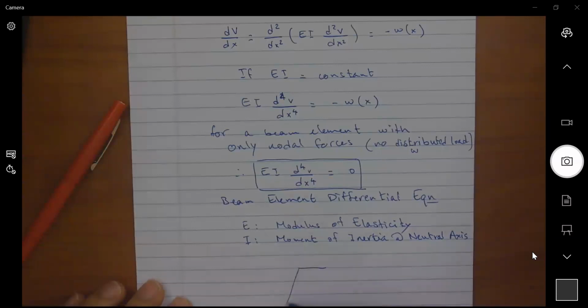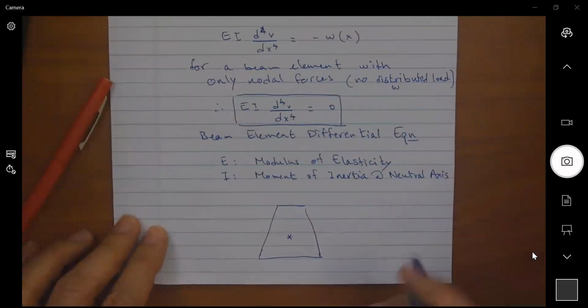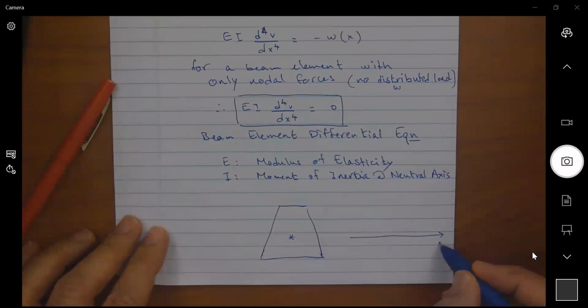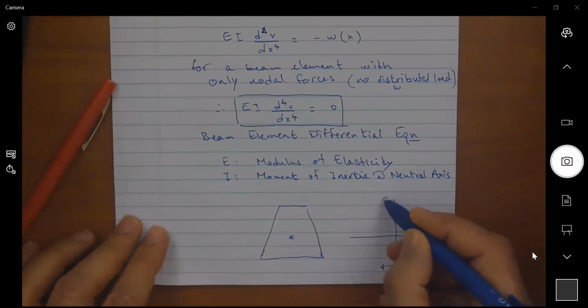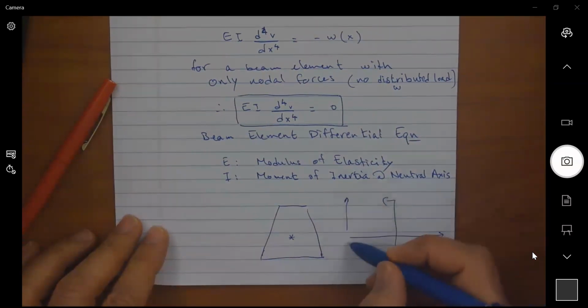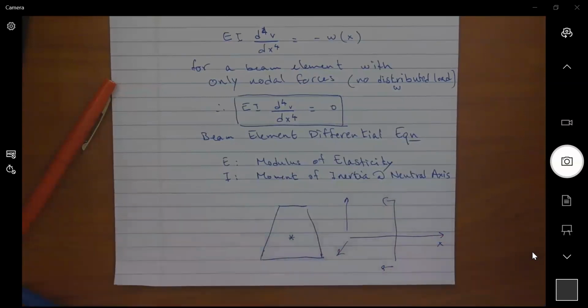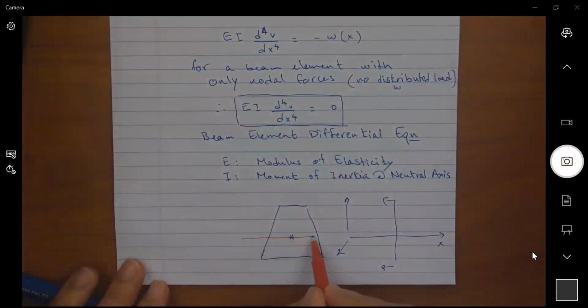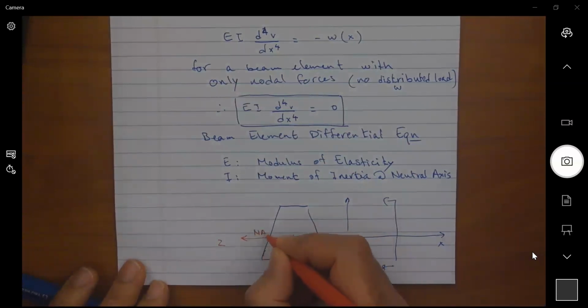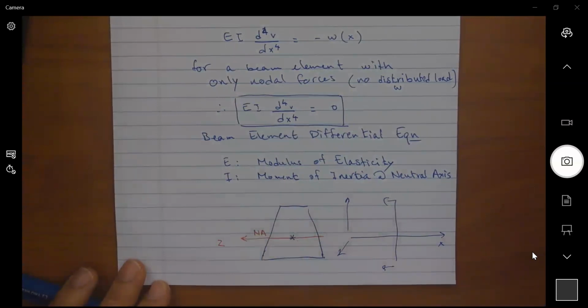So for example, if I have this kind of section, the centroid will be here. This is like a side view, this is my beam along the x-axis. And if I cut here and look at a section, this is what my section looks like. If the beam is bending about the z direction, this would be the neutral axis, z, going through the centroid in the same direction as bending.